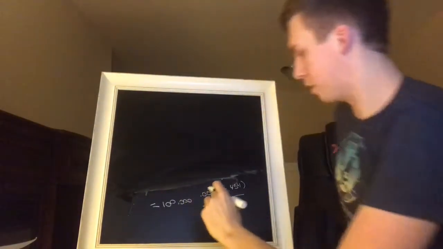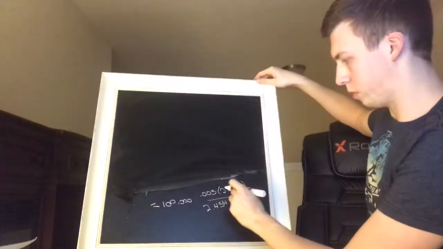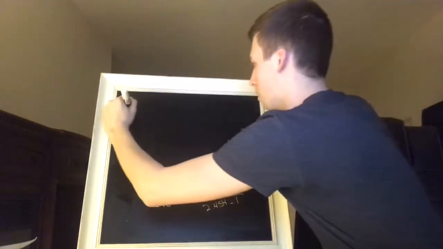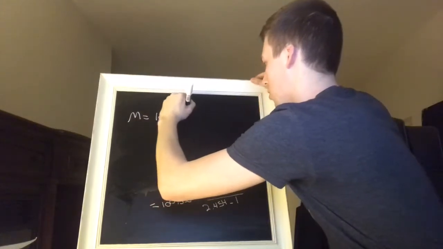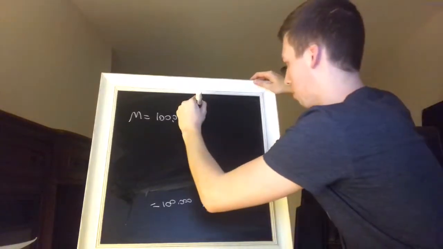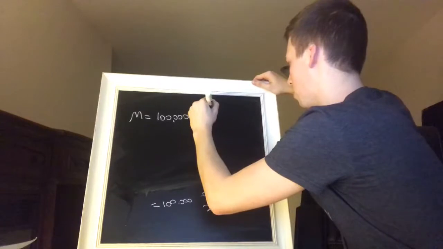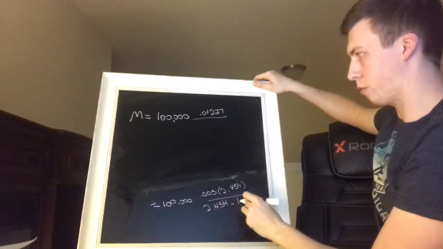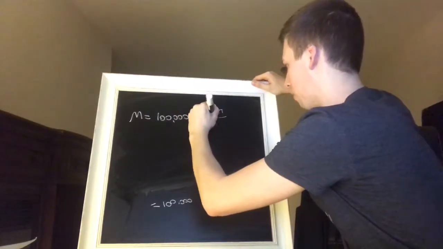And then if we continue it up here, all you have to do is multiply this on top, and then you subtract these on the bottom, and you'll get M equals 100,000 times 0.01227 over 2.454 minus 1, which is 1.454.